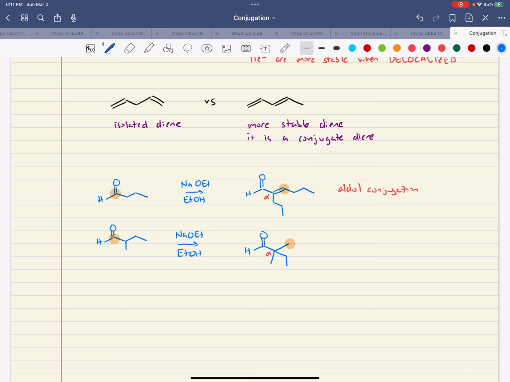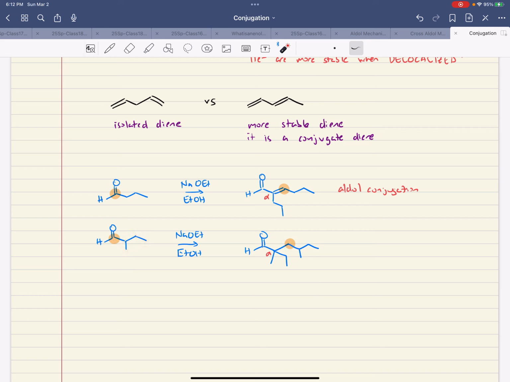And on that dot we have 3 more carbons, 1, 2, 3. Wait a second, we're missing a methyl group right there. Double check, dot, carbon methyl, then ethyl.